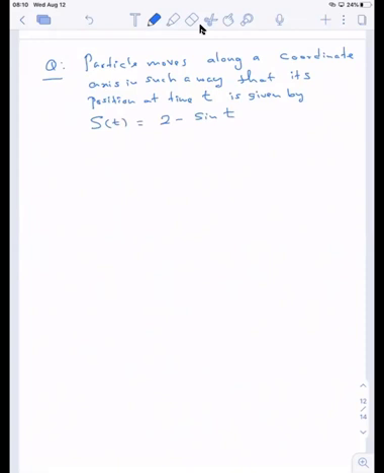So what you need to find is v of pi over 4. Basically, what is the value of the velocity at this particular time, and a of pi over 4, what is the value of the acceleration?